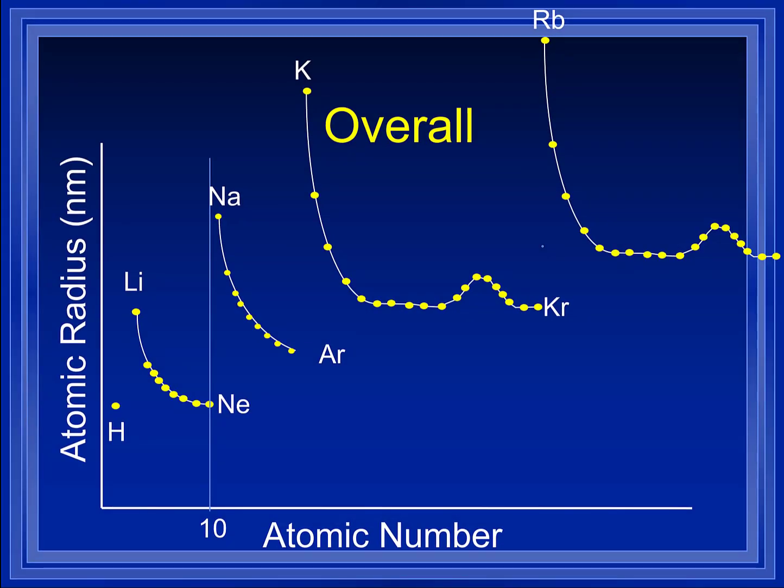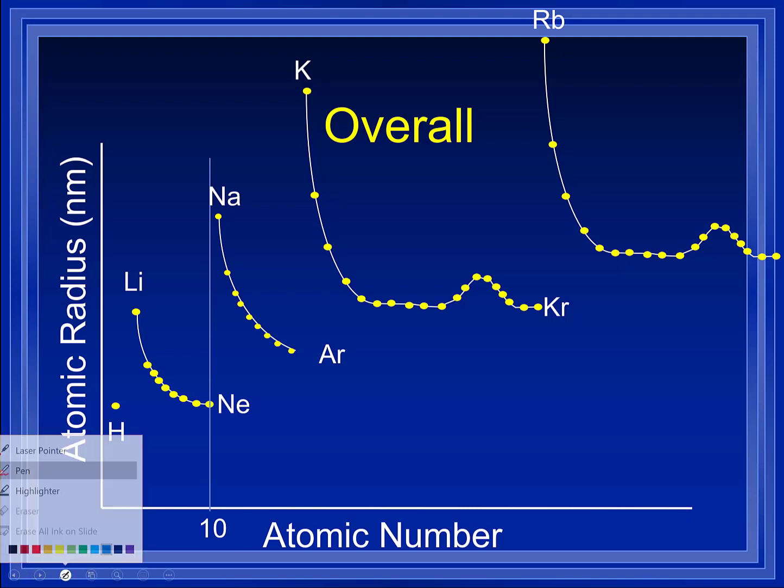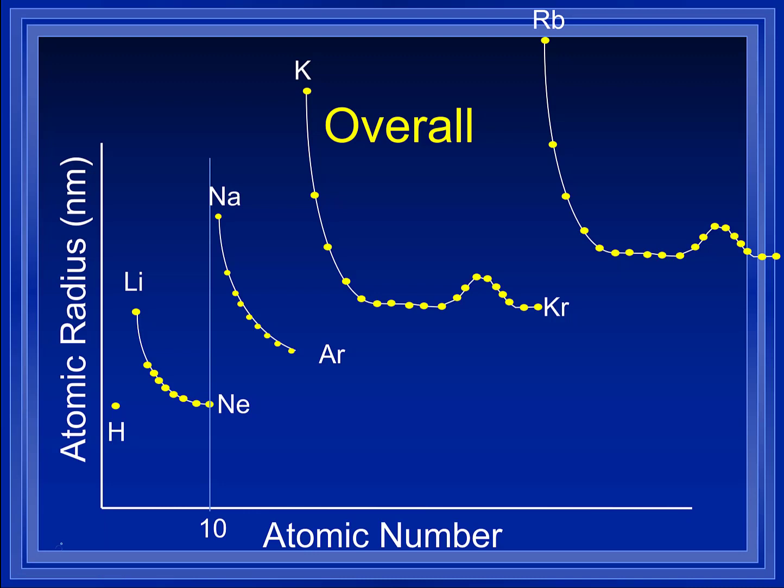Okay, so overall, this is what your graph for atomic radius. Oh, I left one off. I left off helium. So put a hydrogen. Where would helium be?